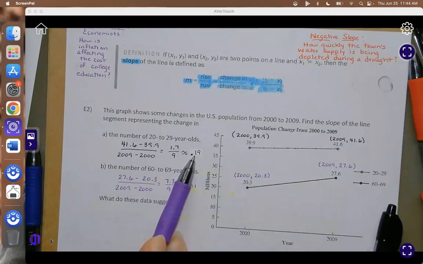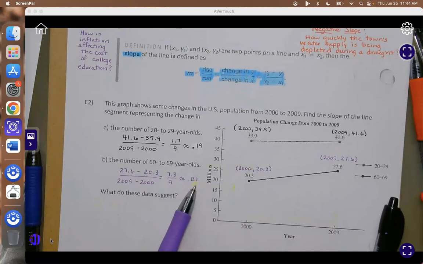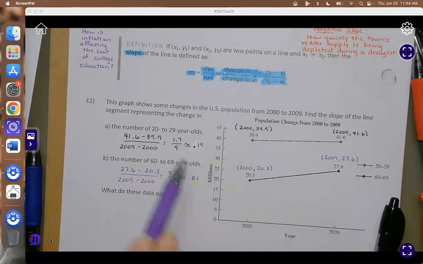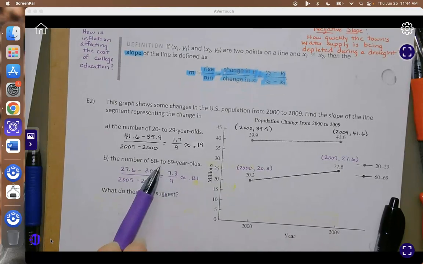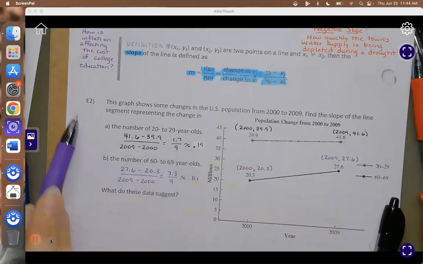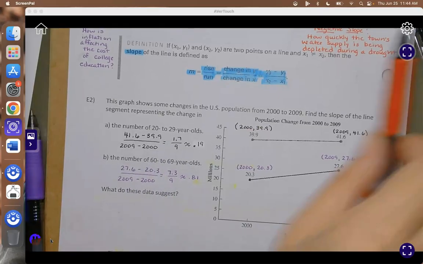Well, there was an increase of 0.19 million per year. But this is 0.81 per year. And this is our older population. This is our younger population. So what does this suggest?